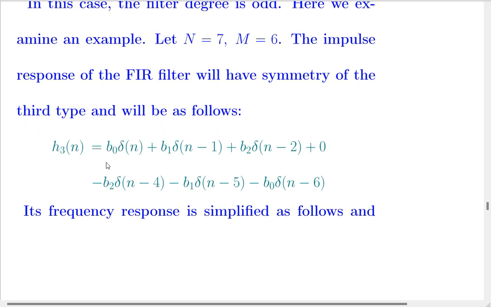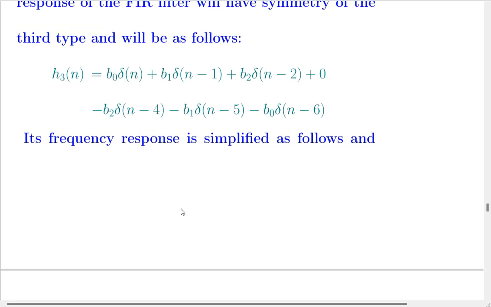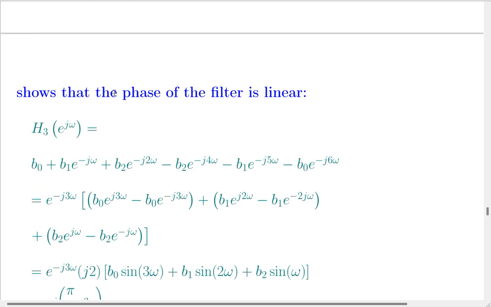Just reading out the coefficients b0, b1, b2, having a 0 here for delta[n minus 3], and again, repeating from the first, b0, b1, b2, 0, minus b2, minus b1, minus b0. Its frequency response is simplified as follows and shows that the phase of the filter is linear.